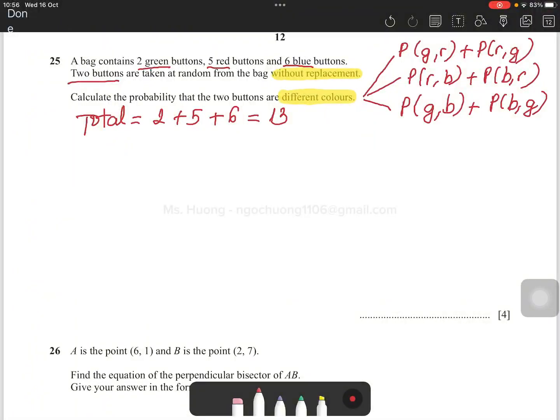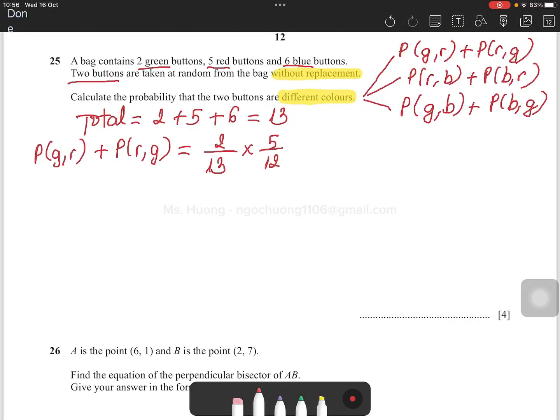So let's talk about the probability of green, red, plus the probability of red, green. The green is 2 over 13, multiplied by the red is 5 over 12, because in this case we take it without replacement.